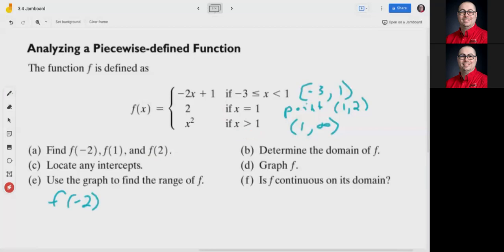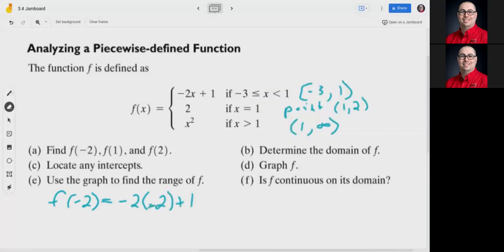Is -2 greater than 1? No, so it's not going to use that bottom one. Is -2 equal to 1? No, so we're not going to use that middle one. Is -2 between -3 and 1, including the -3? Yes, it is. So we're going to use that top definition. So f of -2 is going to equal -2 times -2 plus 1.